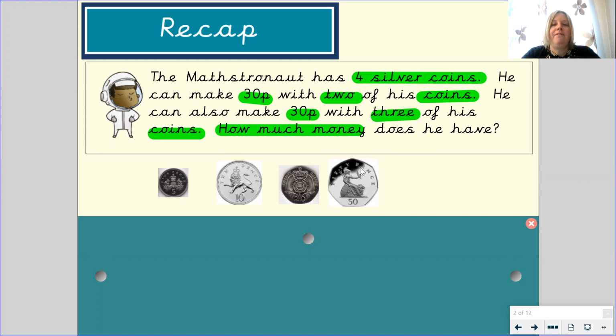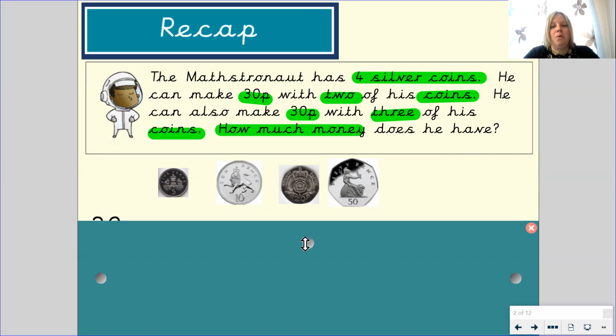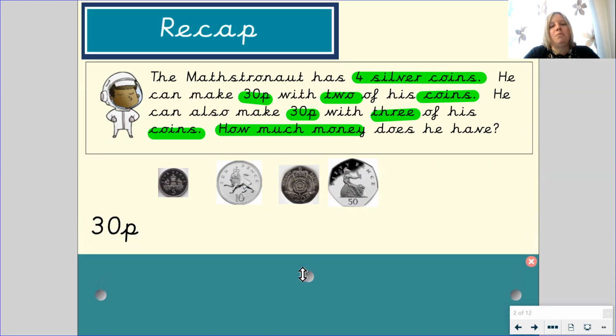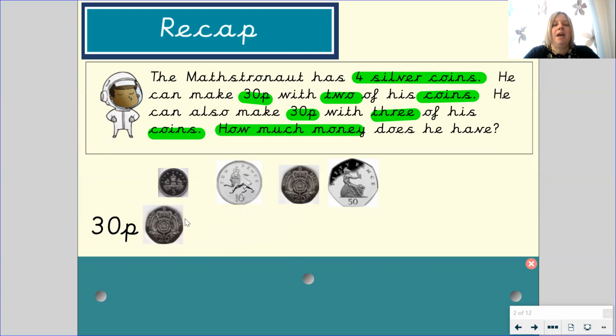Pause the video and have a go at this now for me. Let's have a look and see which 2 coins we could use to make 30p. I can take my 20p and I can take my 10p to make 30p.